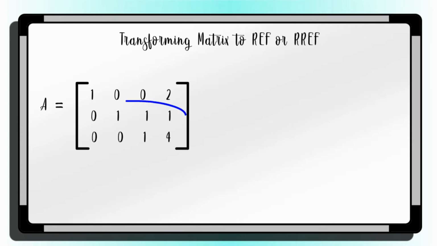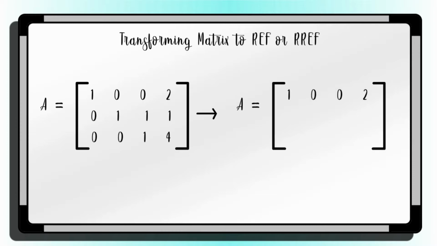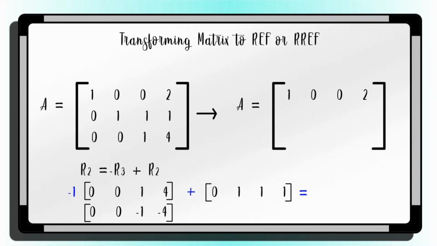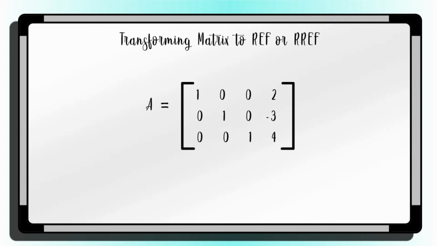For the last operation, we will use type 3 again. Multiply R3 by -1 and add to R2. And finally, we have already transformed matrix A into RREF.